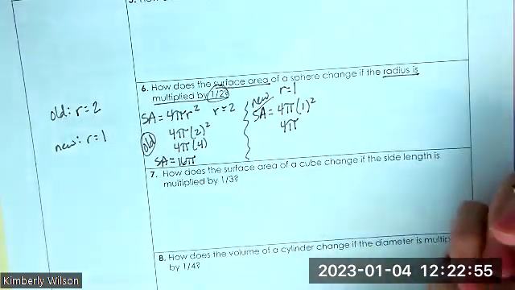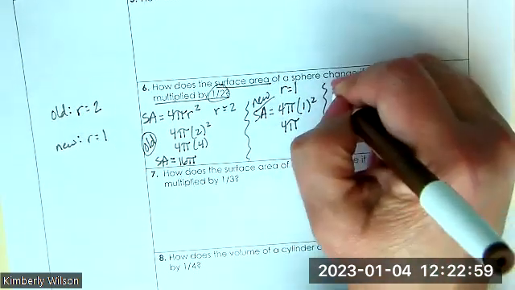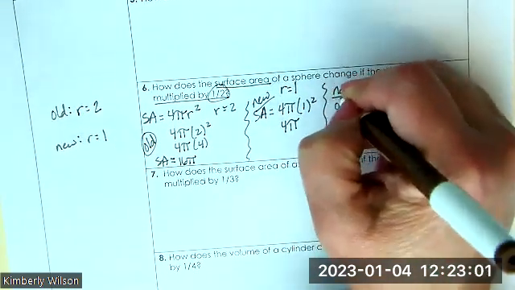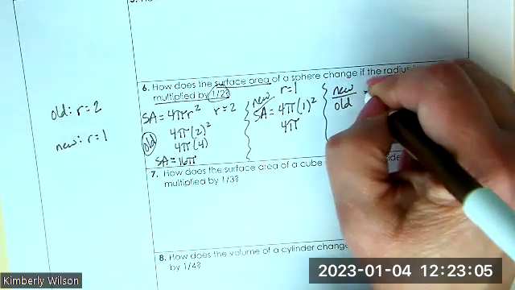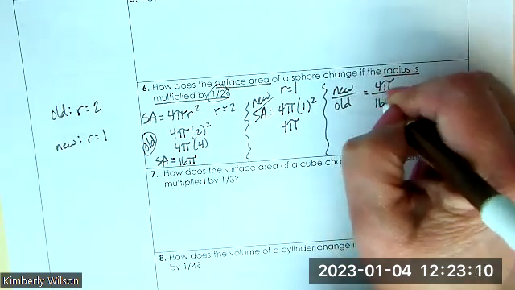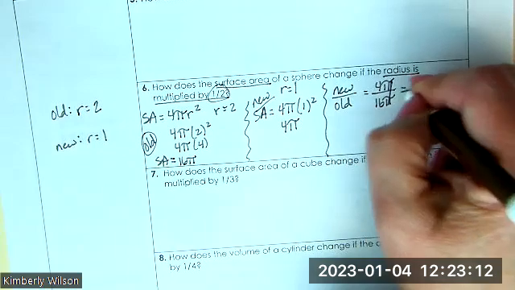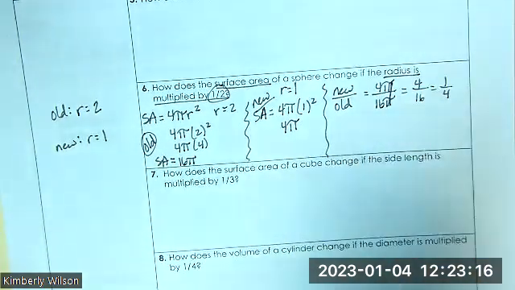Well, to calculate how it's changed, remember we do the new over the old. So therefore, I'm doing 4 pi over 16 pi. The pi's cancel, and I'm left with 4 over 16, which simplifies to 1/4.